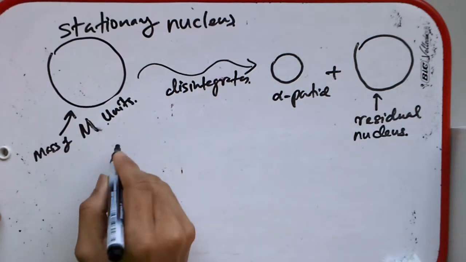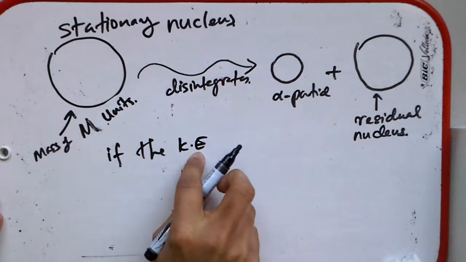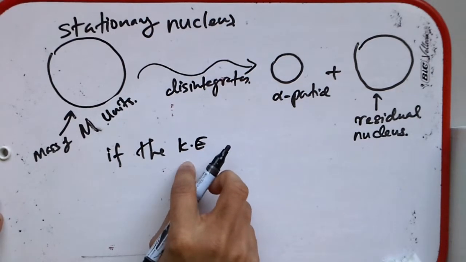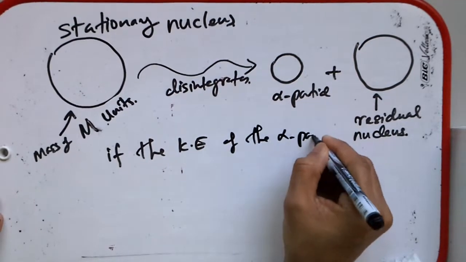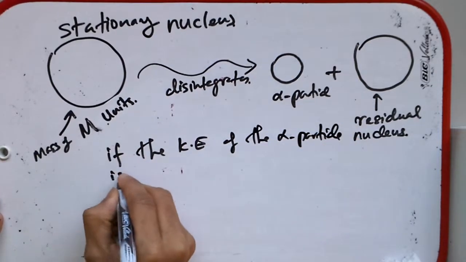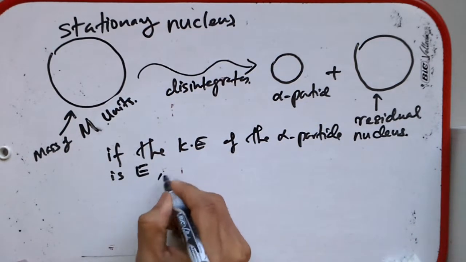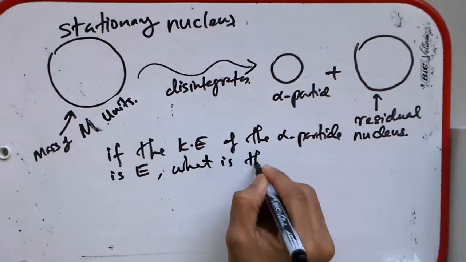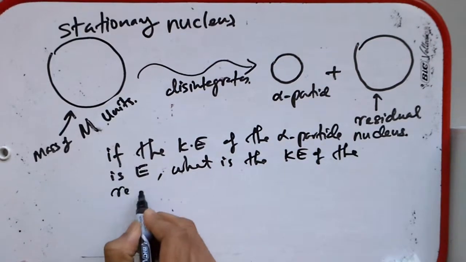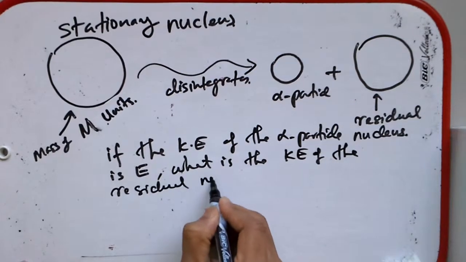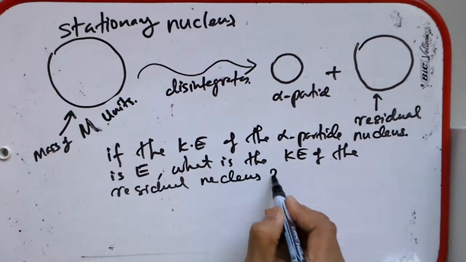The question is, if the kinetic energy, KE meaning kinetic energy, of the alpha particle is E, you need to find what is the kinetic energy of the residual nucleus. So this is our question.